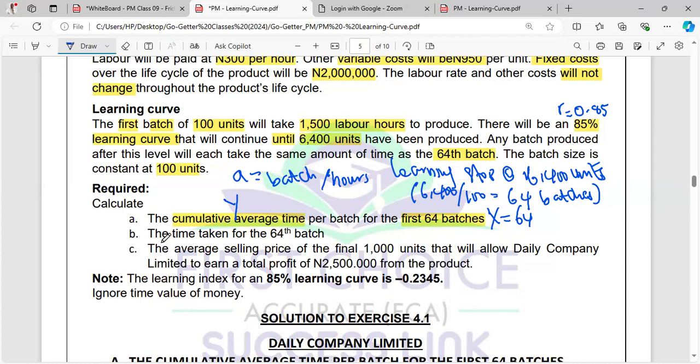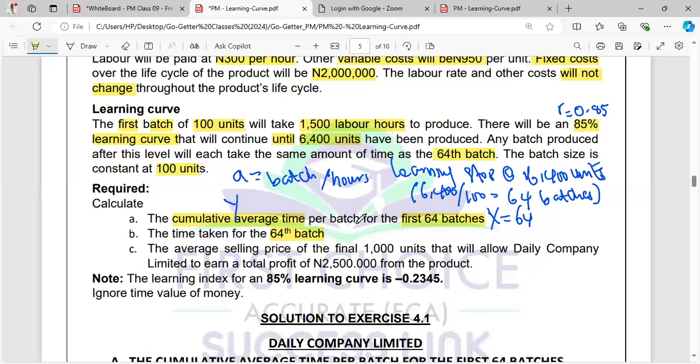Now, the time taken for the 64th batch. What does this mean? Now, this is what I mean.